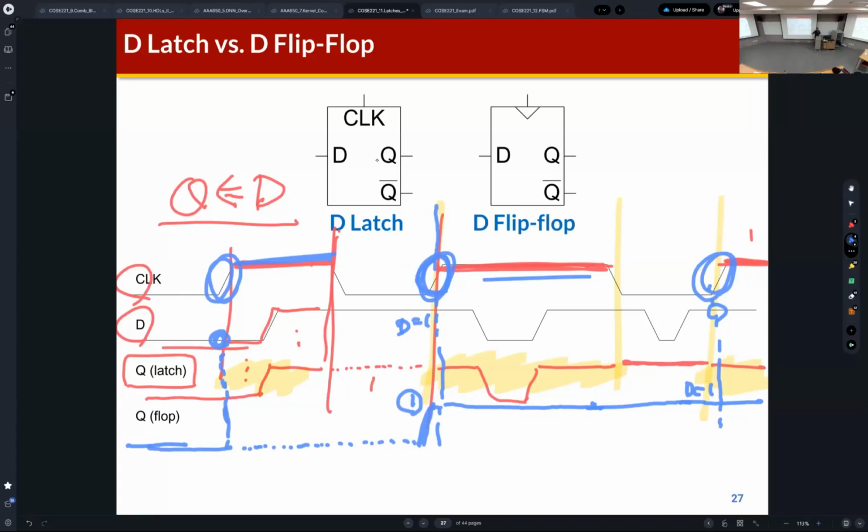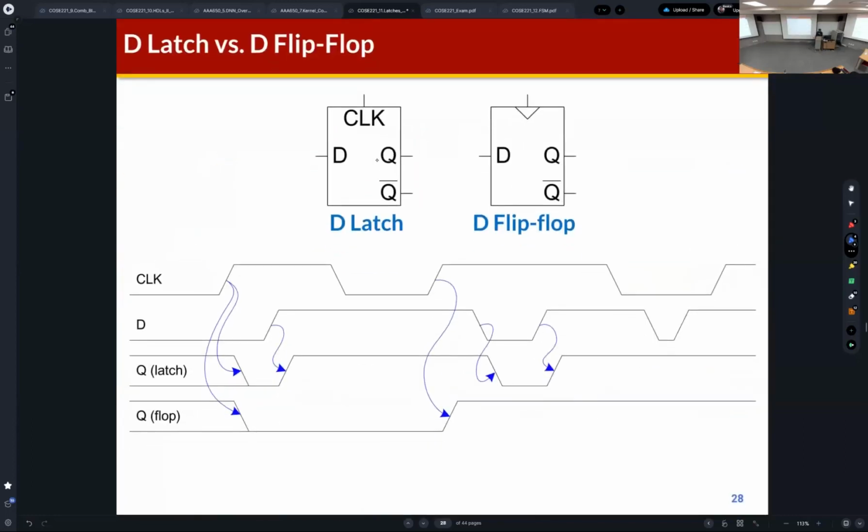So this is the different behavior between the latch and the flip-flop. I believe you can understand. This is the complete waveform for the latch and the flip-flop.